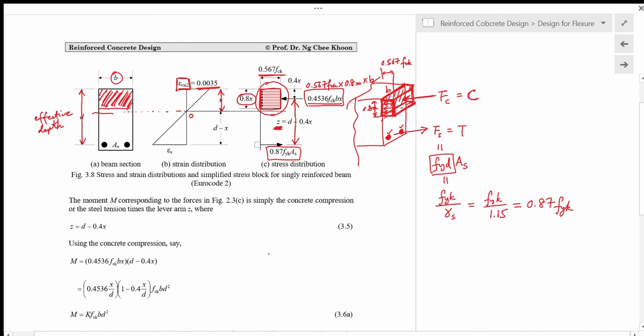Now if we want the moment of resistance, we can take C times the moment arm Z, or T times the moment arm Z. So here we take C multiplied by moment arm Z, and then if you factorize fck and bd squared, this term here we can take as equal to K.